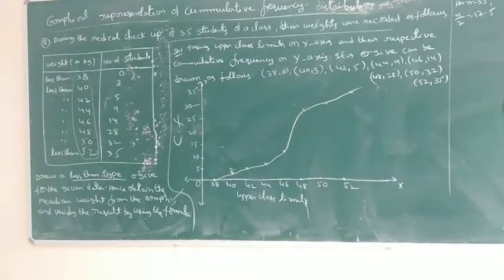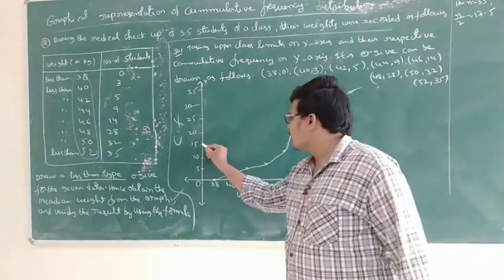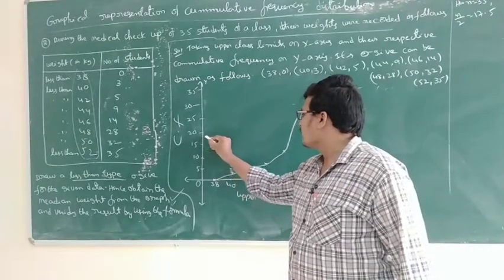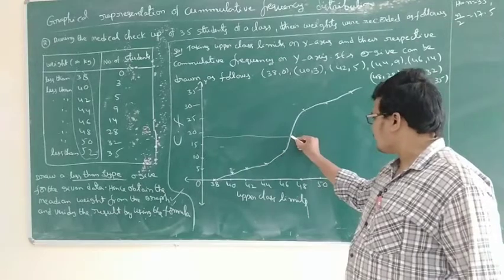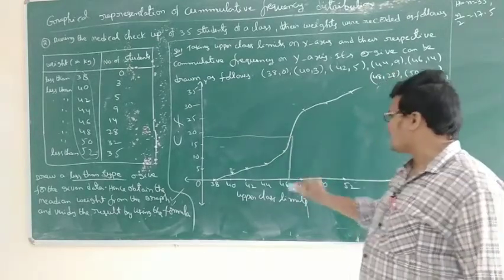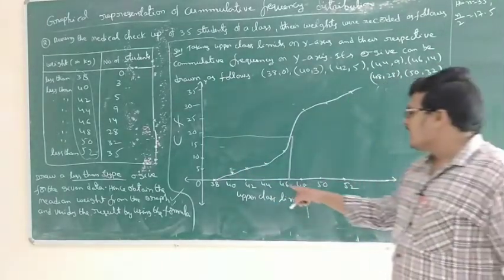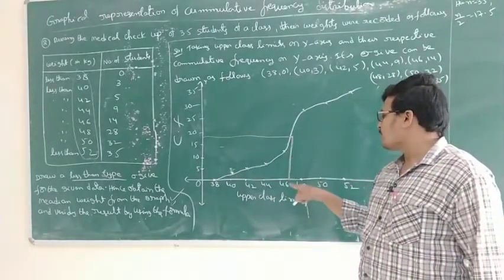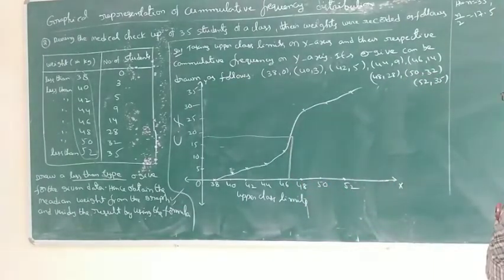Locating 17.5 on the y-axis, the corresponding value on the x-axis is nearly 46.5. So what is the median? The median is 46.5, from the graph.